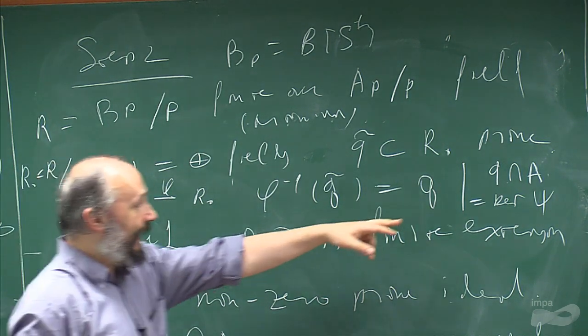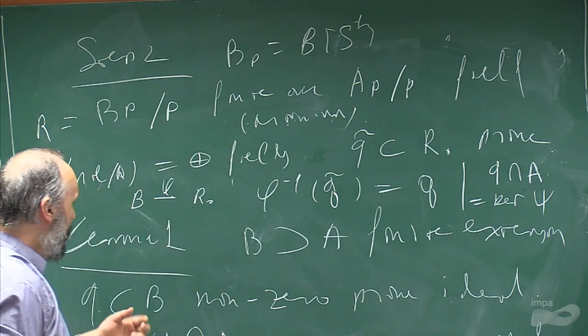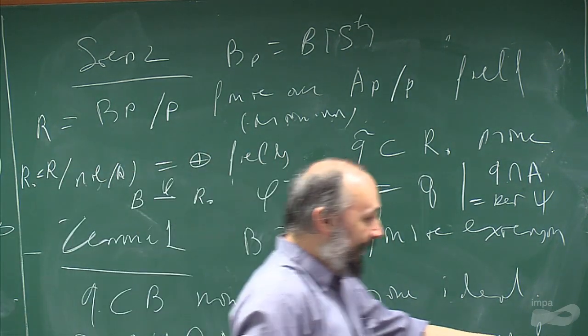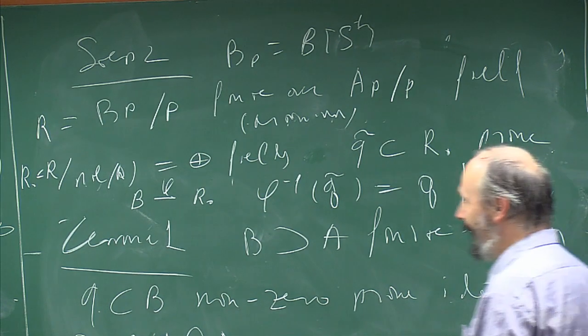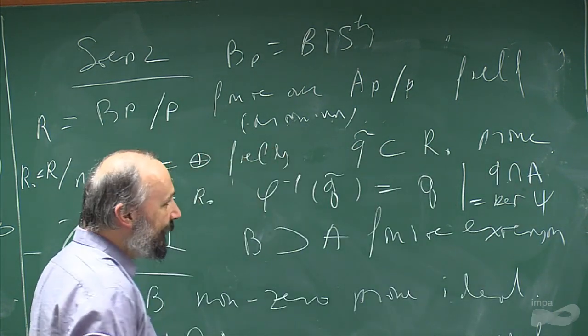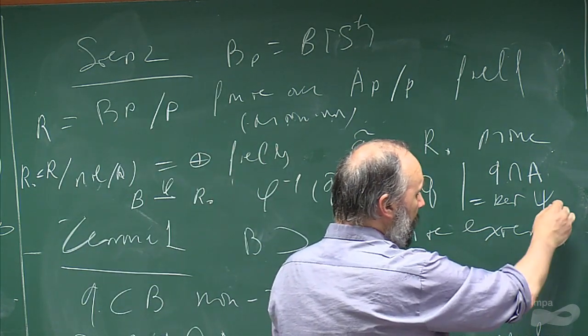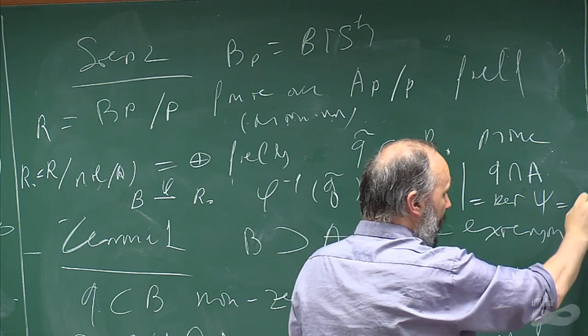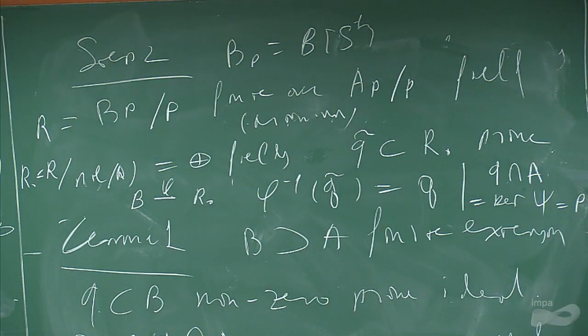Because these are elements in A which are mapped to 0 under the projection to P. Then it is equal to P after a projection to this field.